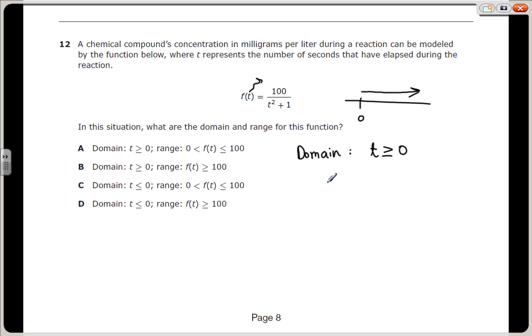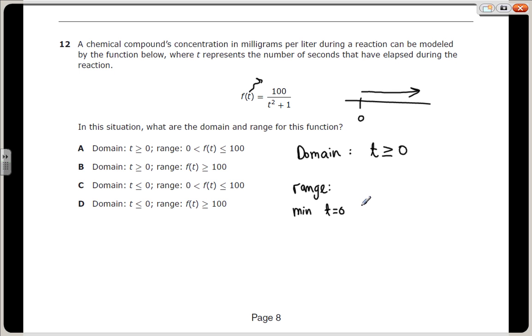Now how do we find what the range is? To get the range, all you simply do is plug in the minimum value for the domain and the maximum value for the domain. And then that will help us find out what the range is. So the minimum value for this function is t equals 0, because that's where you're starting from.